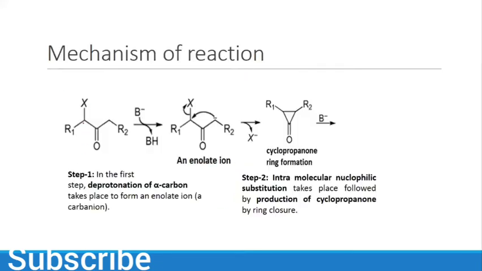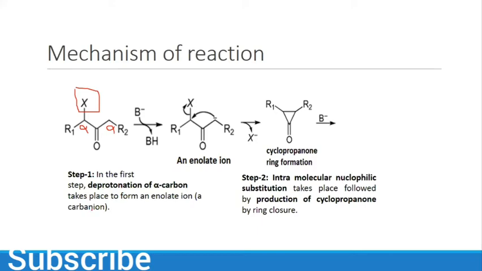So we will start. So this is our alpha haloketone, and this is our halogen at alpha carbon, and this is also alpha carbon. So we have two alpha carbons. In the first step, deprotonation of alpha carbon takes place to form an enolate ion or carbanion.